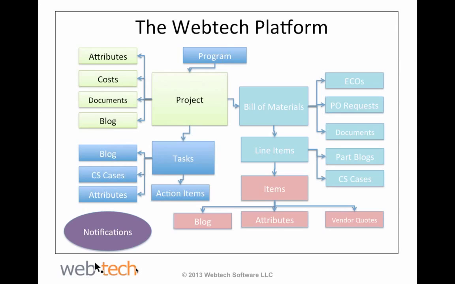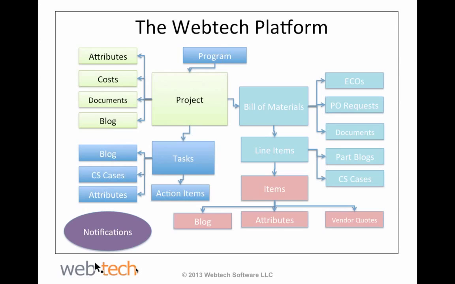So if you've got a meeting with a prospective client, that can be a project that attaches to product development. And you'll notice a project can have its own costs, documents, attributes, and even a project blog for communication back and forth. The project would then lead into a number of tasks associated with that project. And we'll show this in the demo soon.